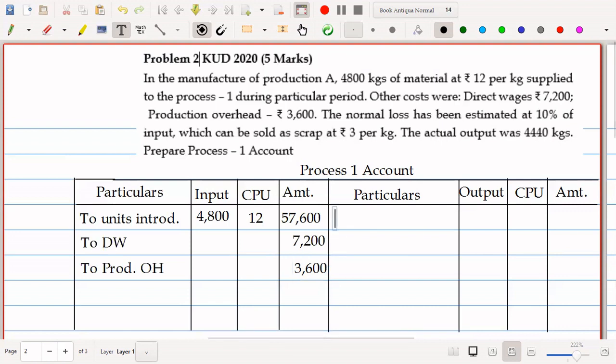Let's go for credit side. By normal loss. Normal loss is what's given in the problem, 10% of input. Let's take here 10% of input, which means 4,800 units.